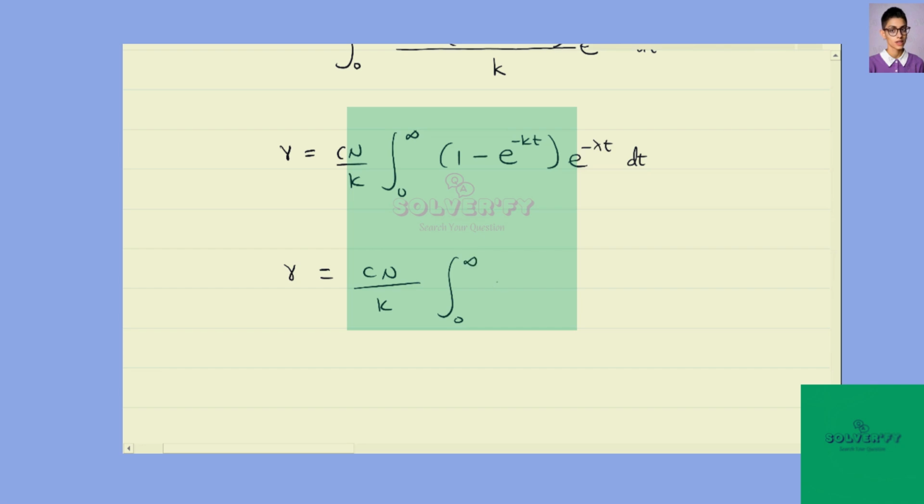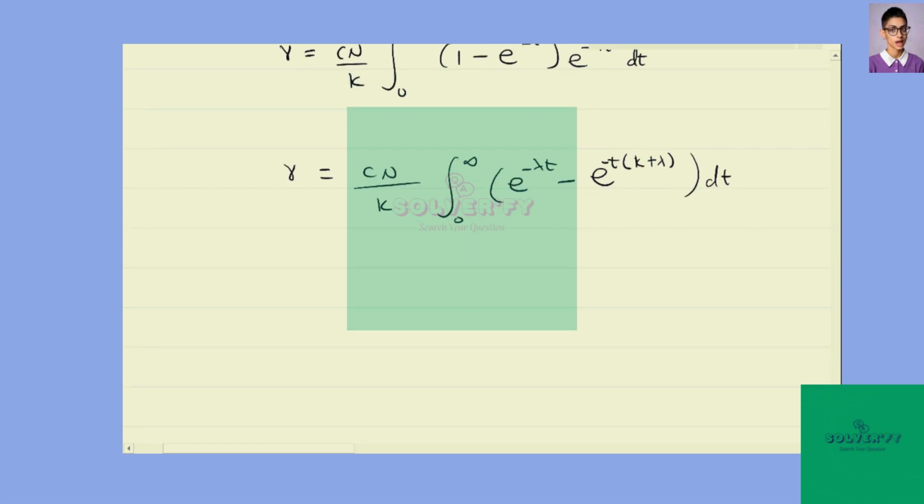So here we have negative t outside, then we have k plus lambda, then dt.